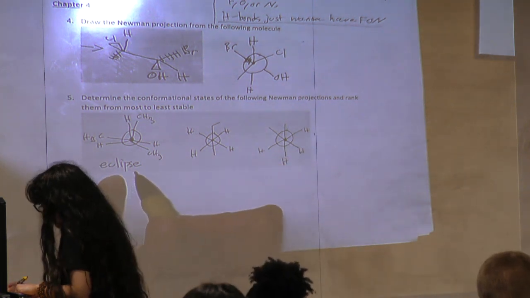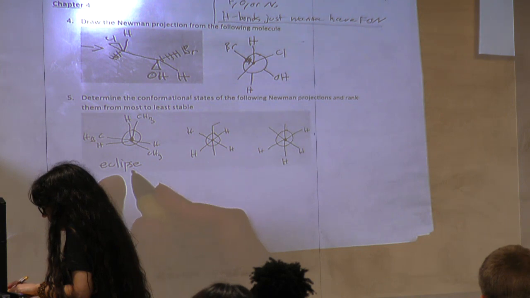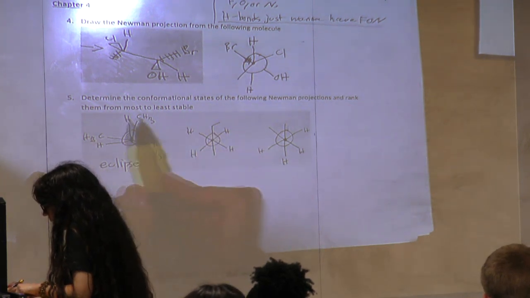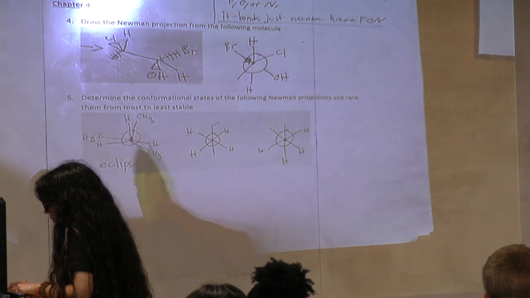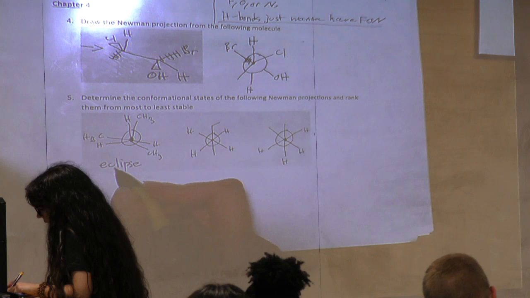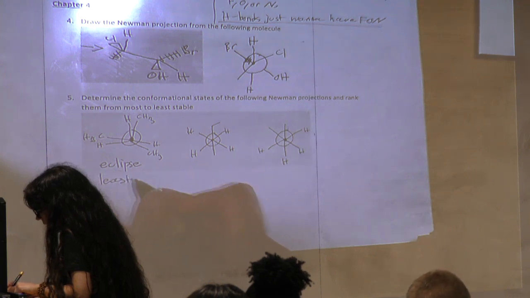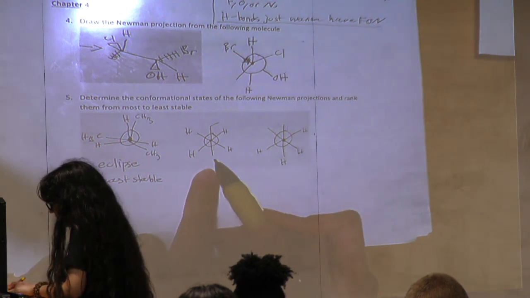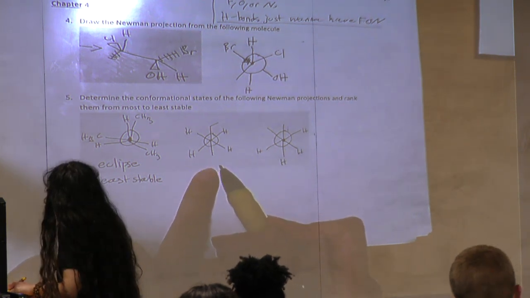So yeah, this one's eclipse, and this is very unstable, right? Because these atoms are very close to each other. They would really repel each other, and they're not happy being that close. So eclipse is the, yeah, perfect, least stable conformation. This one, what is this called in the middle?